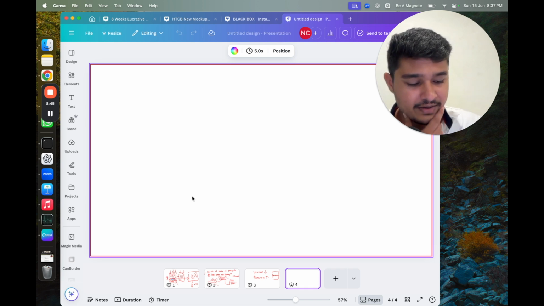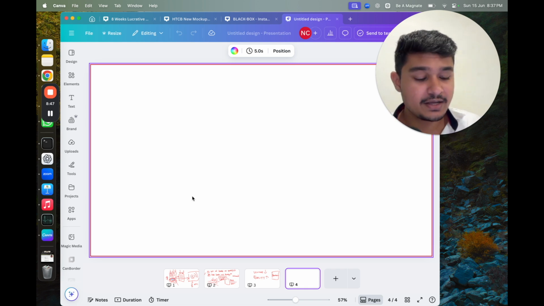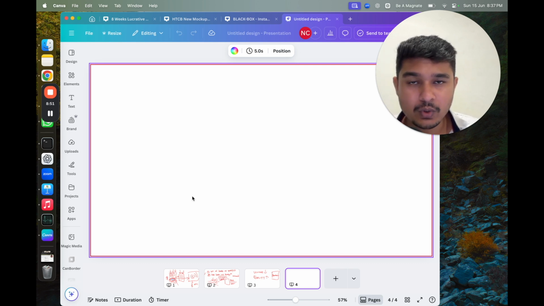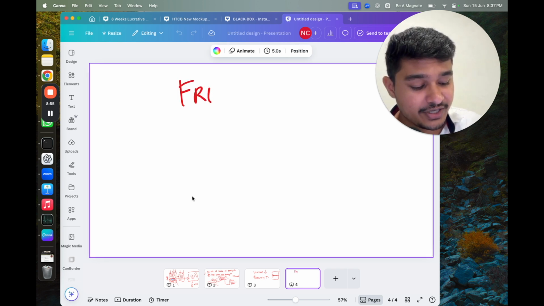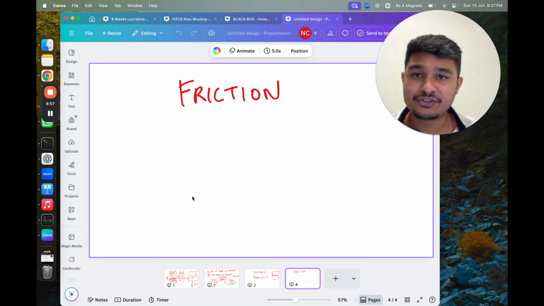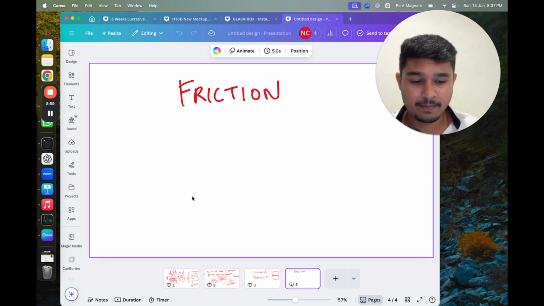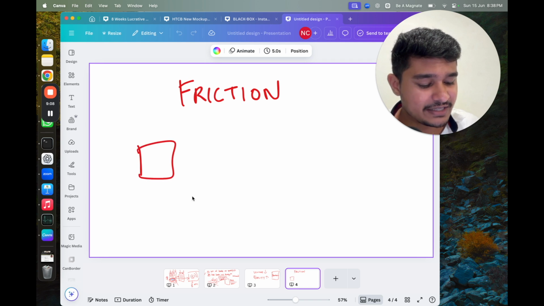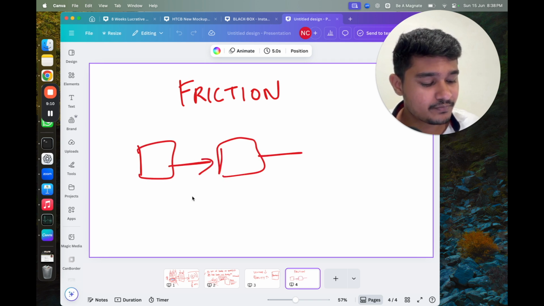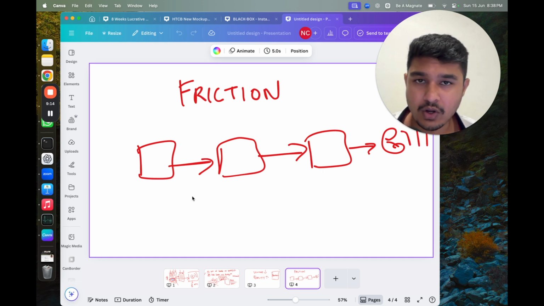Perfect. So what you need to understand is you have to control the lead flow using what we call funnel friction. Friction is nothing but all the steps that become a hurdle for your prospects or your traffic. So this might be your sales funnel, and at the end of it you are getting them on a one-to-one call.